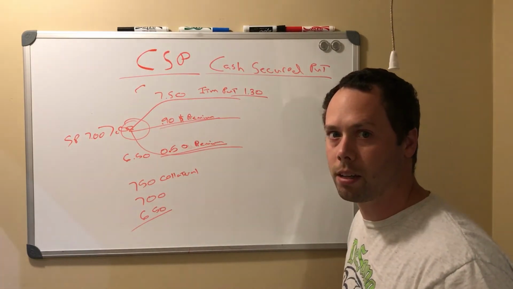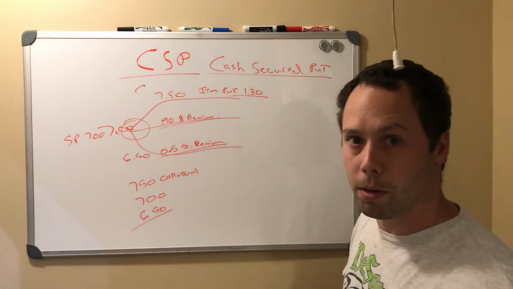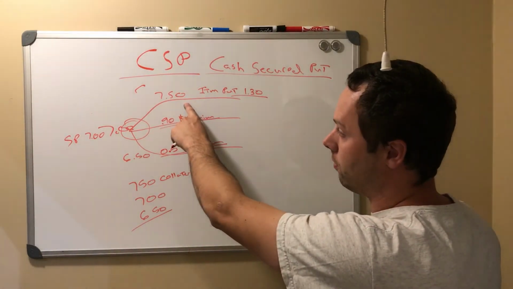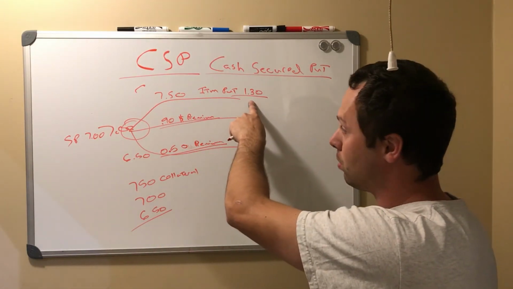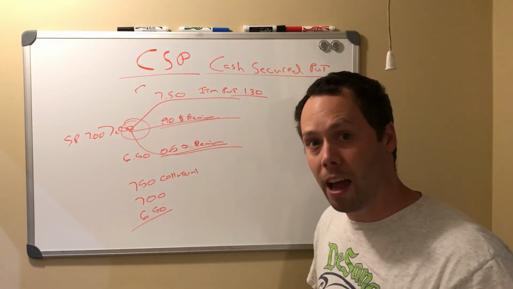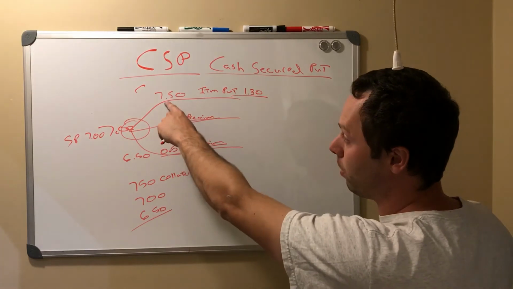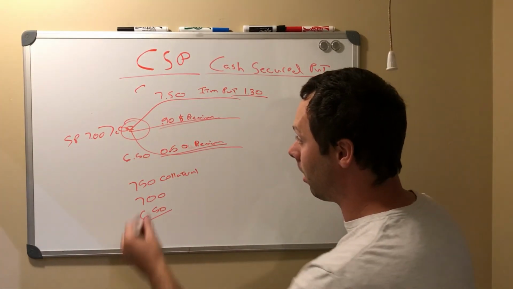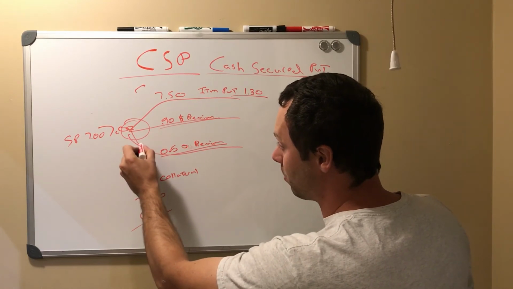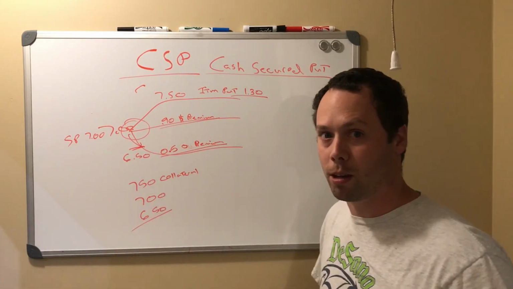Oh man. But my risk of assignment at $750 is pretty high. But the reward is pretty high too. In fact, the reward for selling the in-the-money put is so good, I don't even care if the stock dips. Ooh, something to think about.